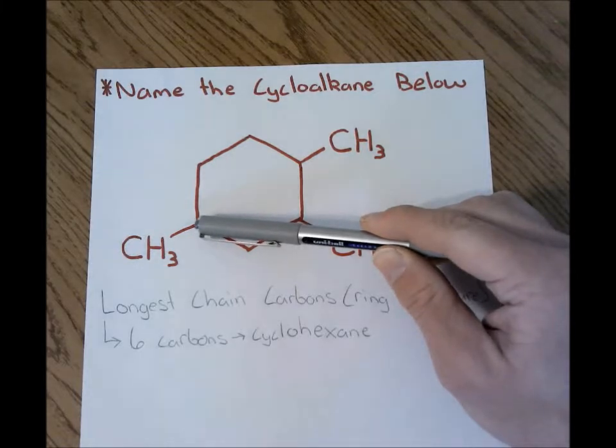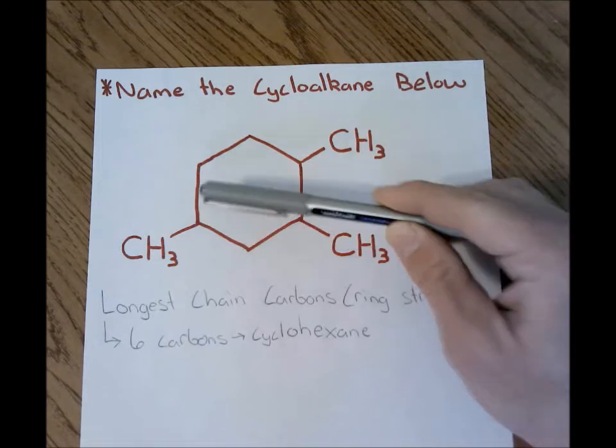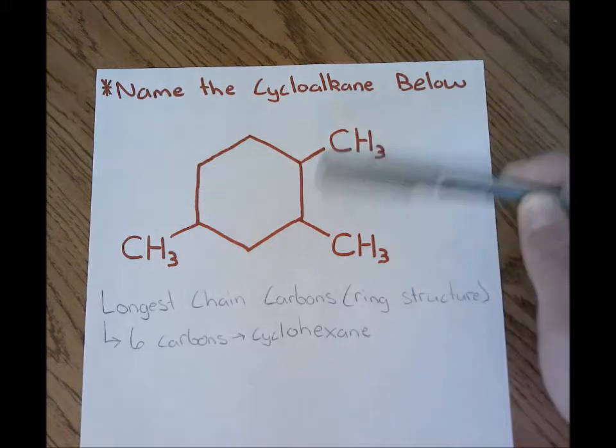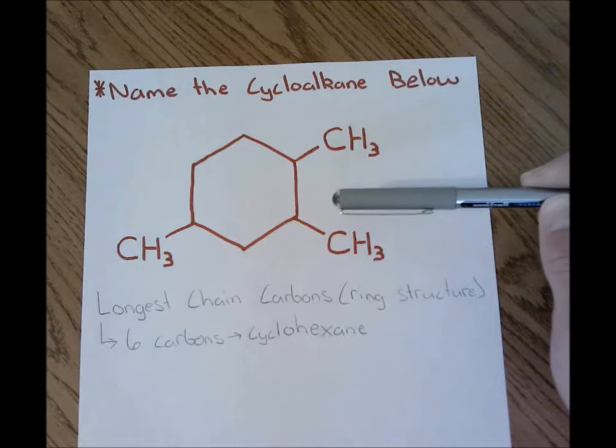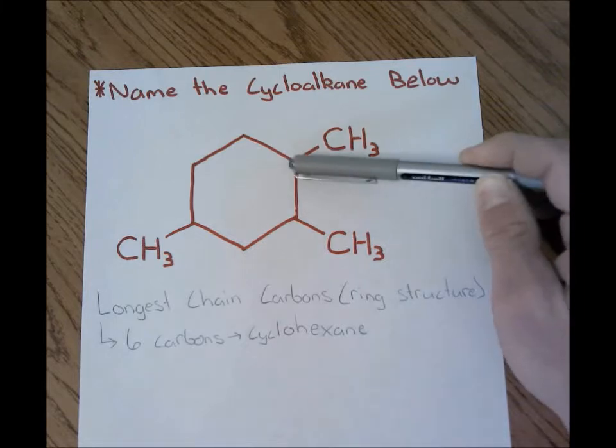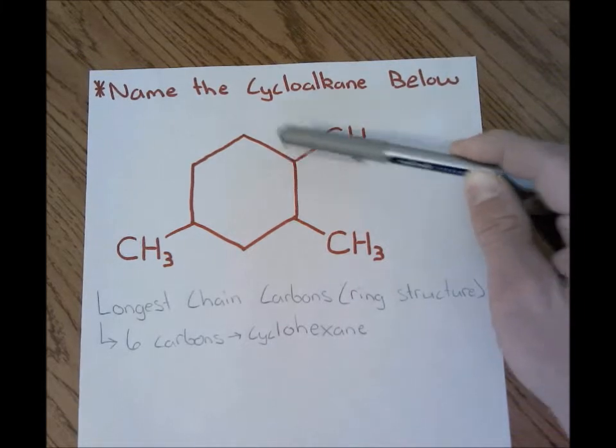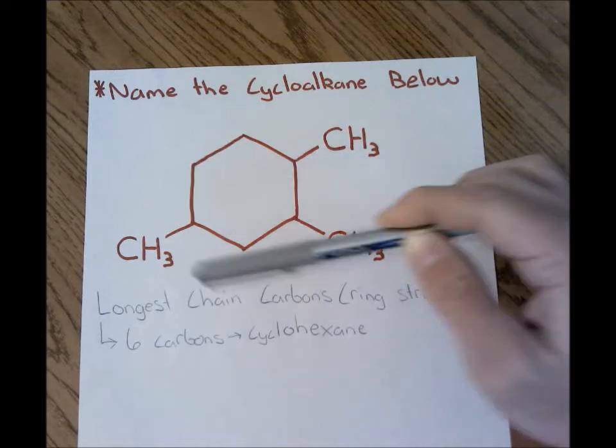Now, I know the lowest number needs to start with that attached group. So what if I start here again, and this time I go backwards? I want to see if I can get lower numbers than 1, 2, and 4. So I have carbon 1, 2, 3, 4, 5, and 6.